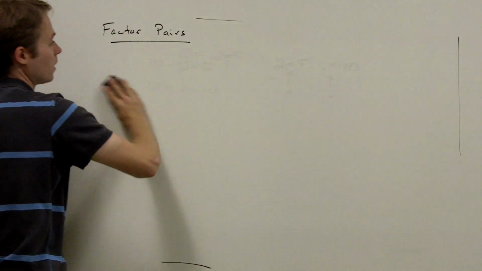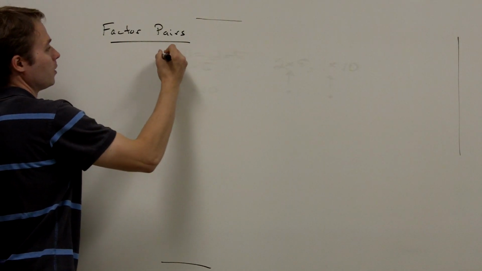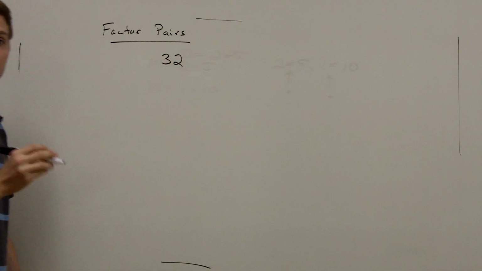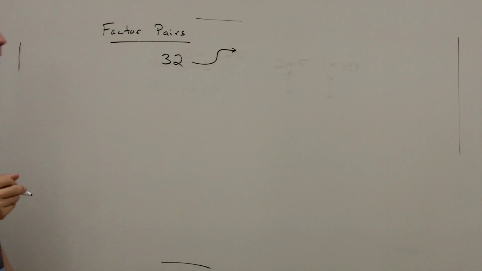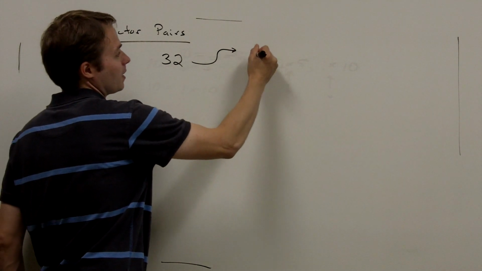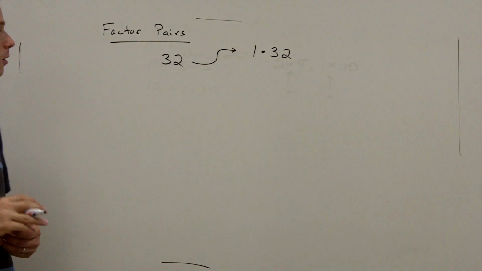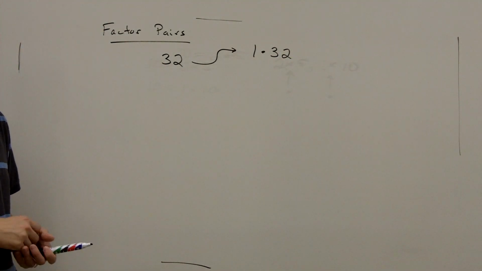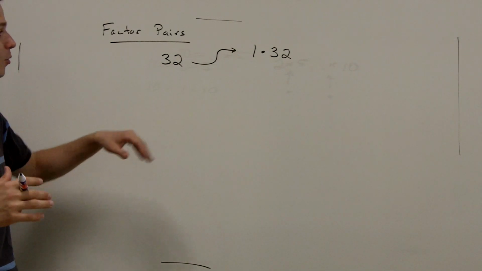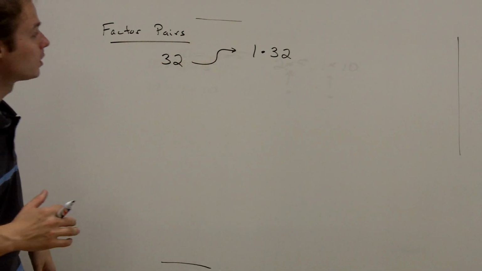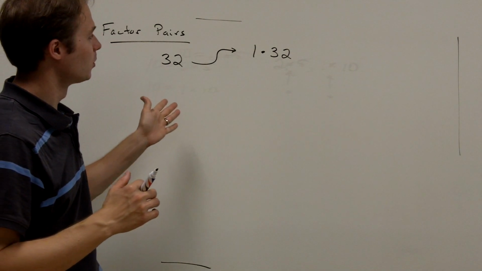I could go with maybe a larger number, something like 32. And I want to find all the factor pairs of 32. Now, of course, you can always get a factor pair by taking 1 times whatever number you're using. So in this case, 1 times 32. That will always be a factor pair, because by multiplying by 1, you don't change anything. But for this one, I think I will probably have some more.